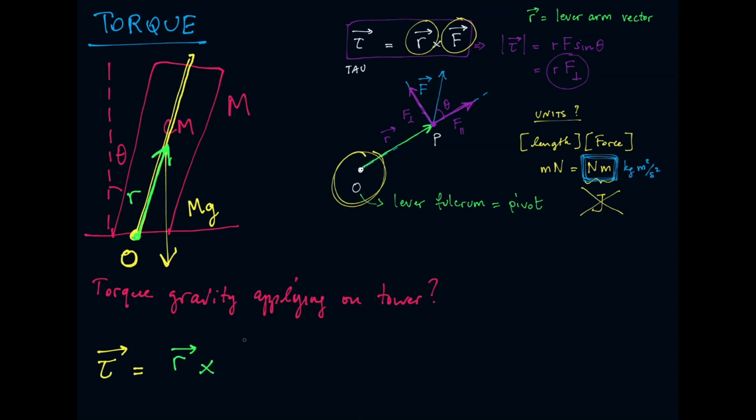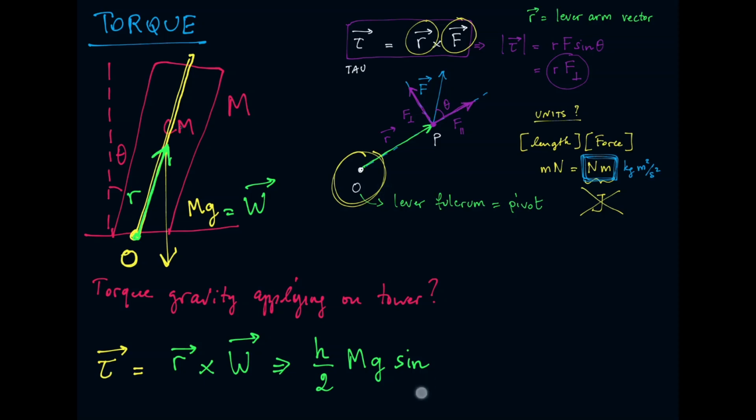And then cross the weight of the Leaning Tower of Pisa, which is W. So this would be something like the magnitude of R, which is 1/2 of the height of the tower, times the weight of the tower times the sine, so I'm calculating the magnitude now, times the sine of the angle between the two vectors.